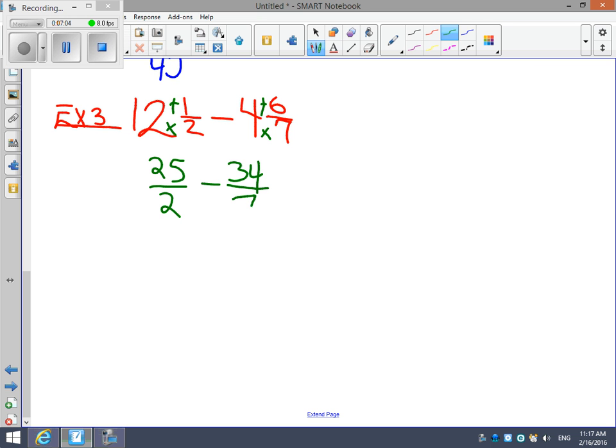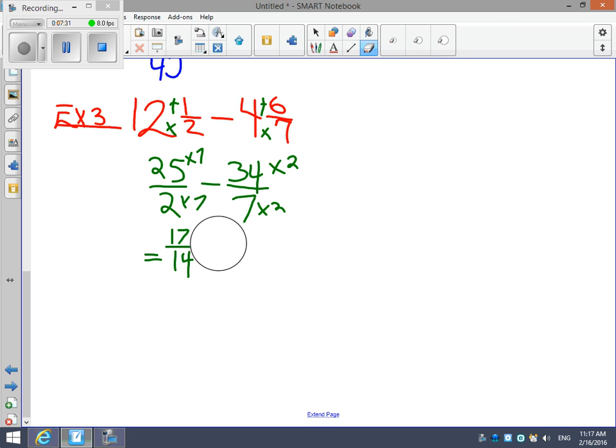And then you have to find the common denominator between 2 and 7, which you just do the opposite denominator, so 2 times 7, and 25 times 7, 34 times 2, so it'd equal 175 over 14, and then you'd subtract 68 14ths.